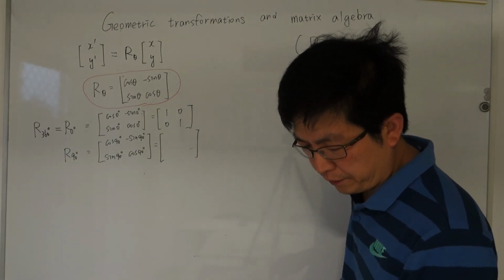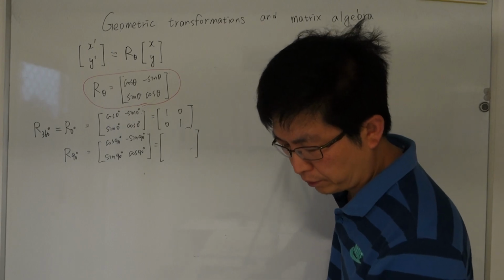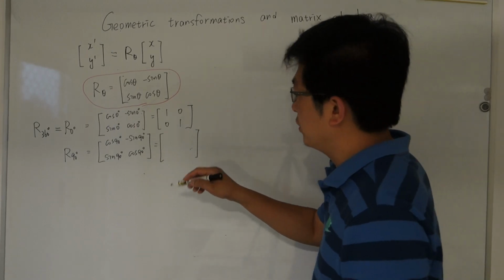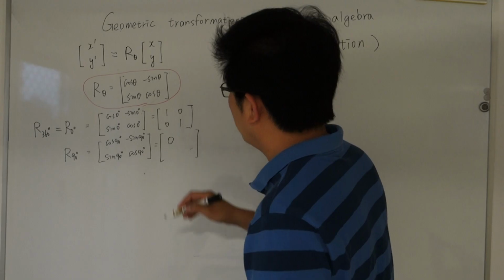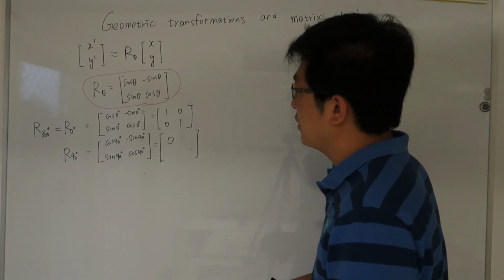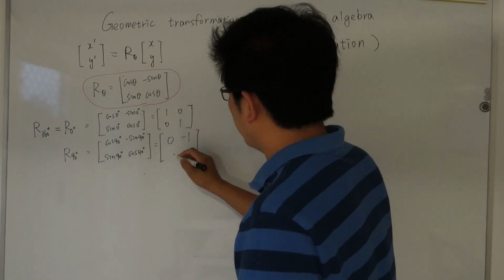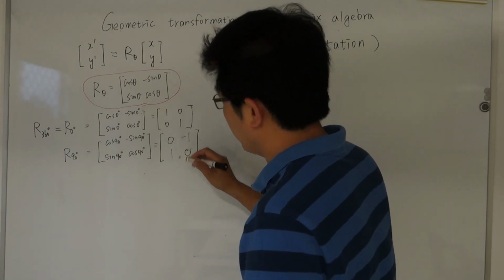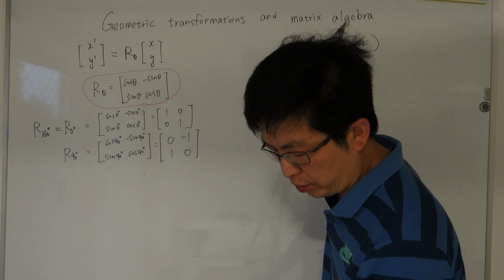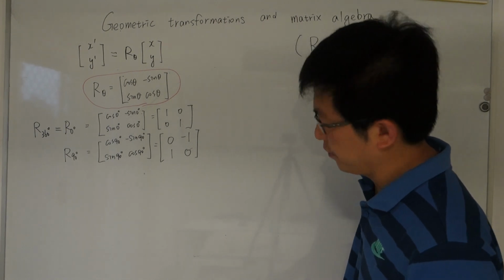Cosine 90 equal to 0, right? Sine 90 is 1, so here becomes negative 1. Sine 90 is 1, cosine 90 is 0, right? That's rotate 90 degree.